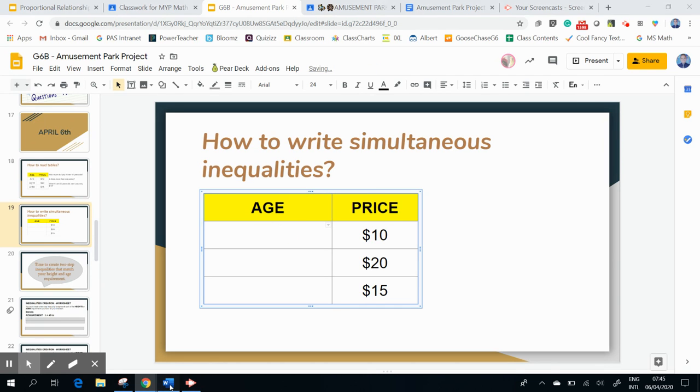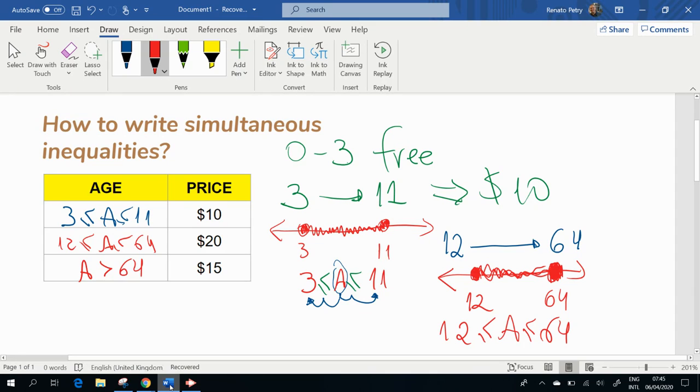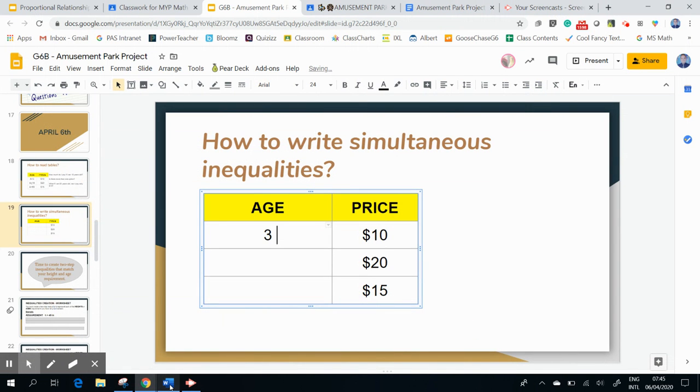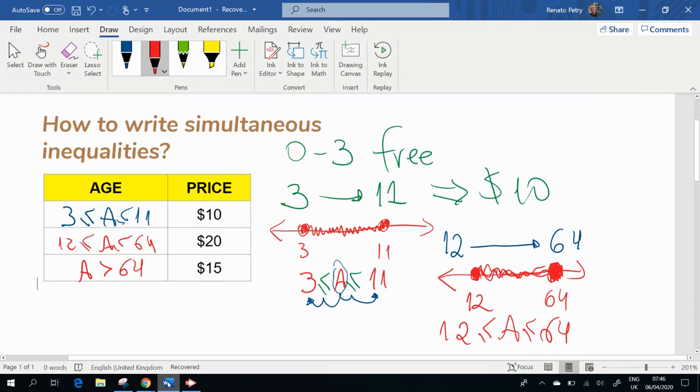So my first range was from 3 to 11. So I'm going to put here 3, my age, and again 11. My second one is 12, age, and 64. Am I right?